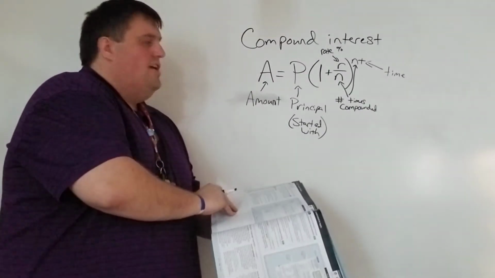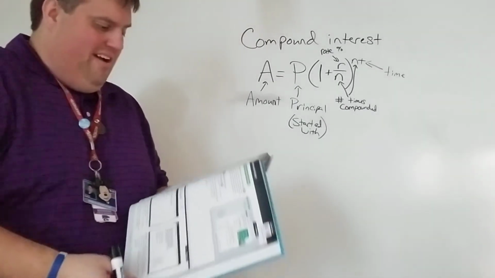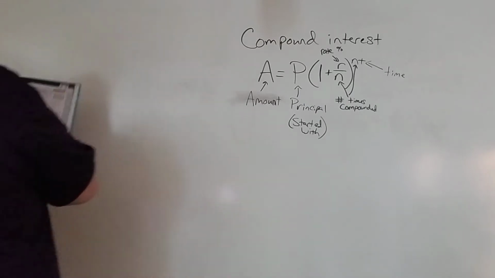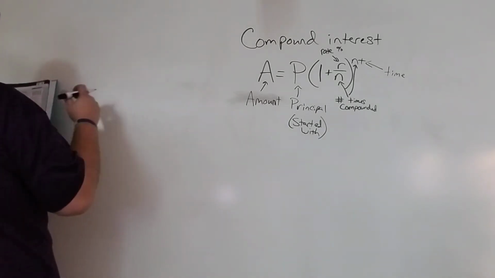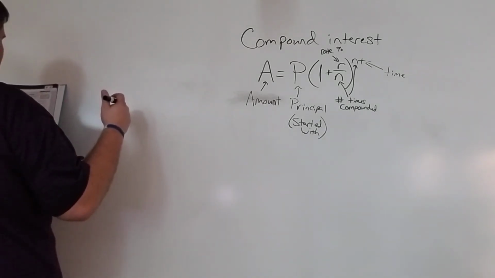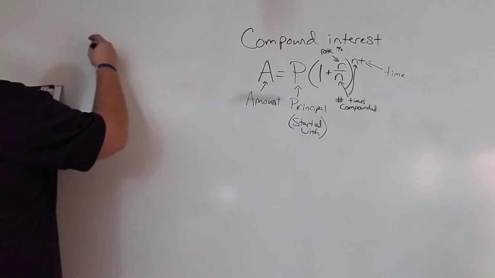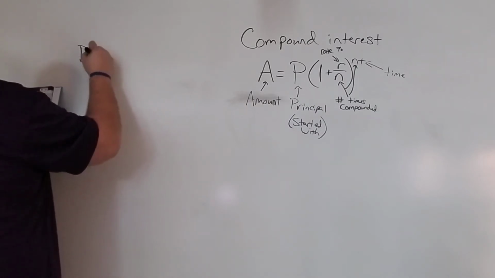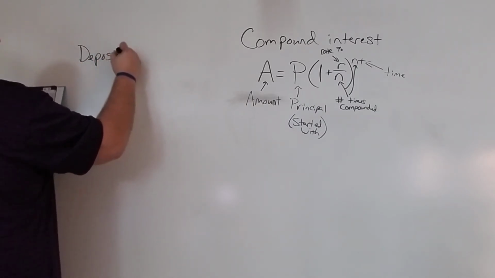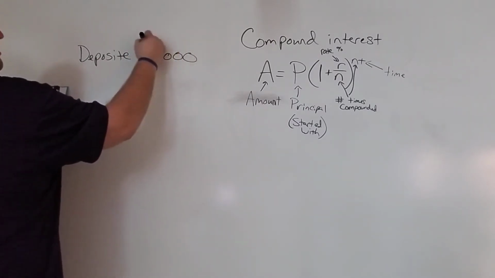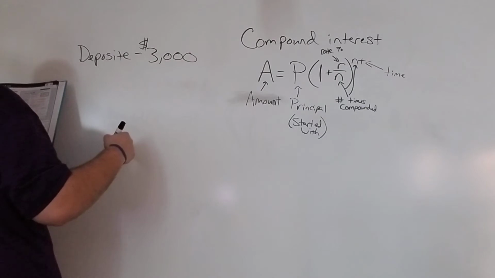Okay, so that's a lot of stuff there. Let's take a look at what that's going to look like for us. All right. So this first example in your book, this girl gets a certificate of deposit when she's born, and they deposit $3,000 into this certificate of deposit.